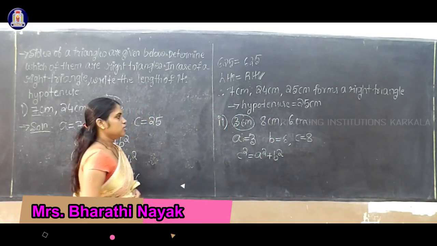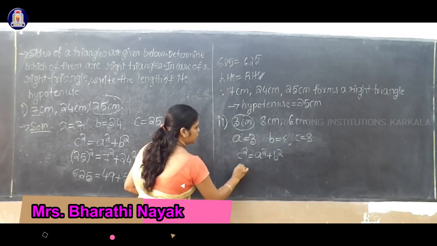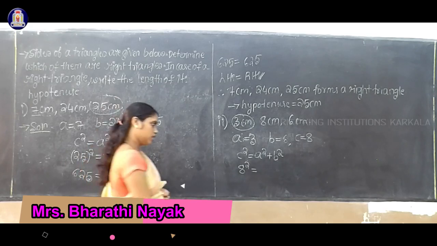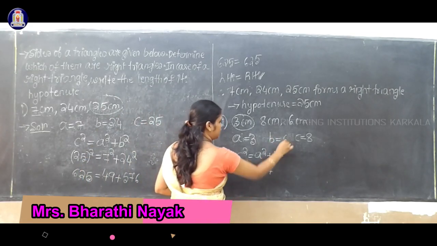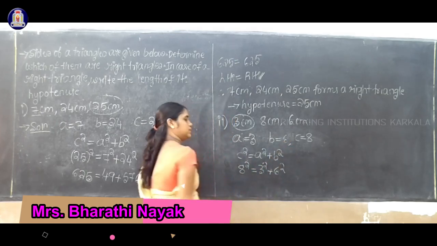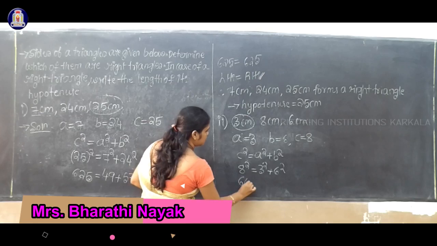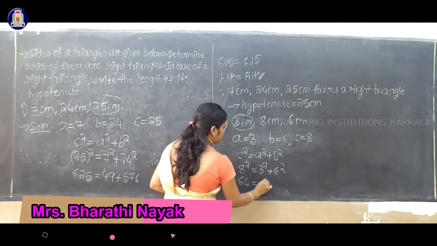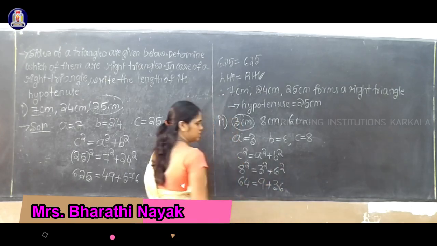In the place of C, substitute the value. C is equal to how much? 8 square equal to A value, 3, so 3 square plus B value, B is equal to 6, so 6 square. What is the value of 8 square? 64, equal to 3 square, which is 9, plus 6 square, which is 36.